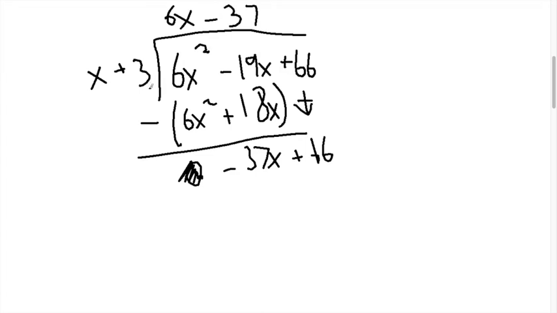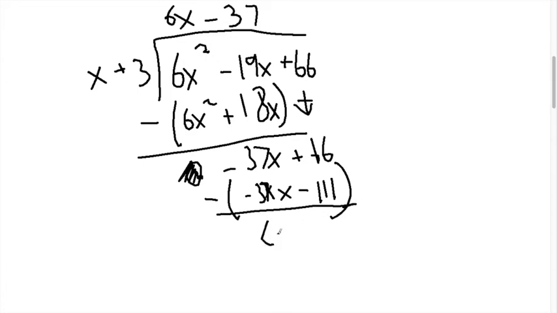So minus 37 times x plus 3 is the value we're subtracting: minus 37x minus 111, which once you distribute the negative gives us 0, which you disregard. This is equal to 177.